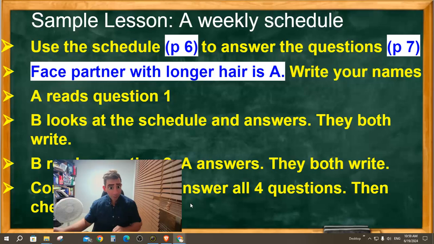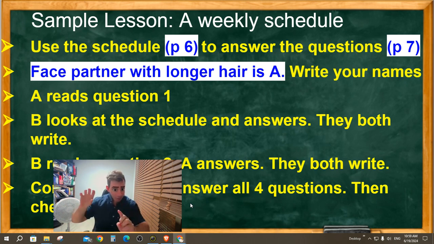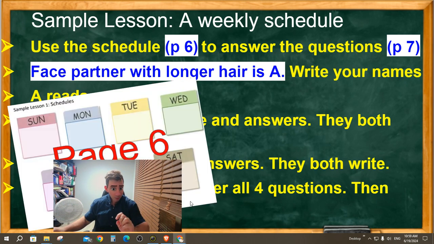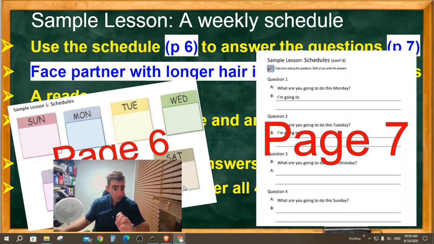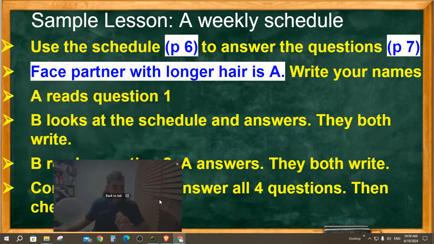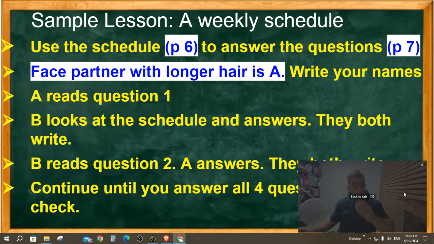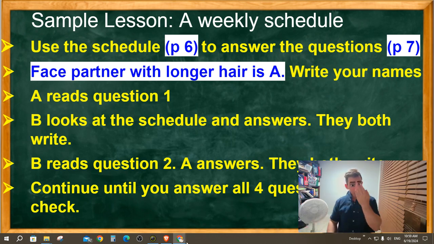Ding, time's up. Now, use that schedule on page 6. That schedule is going to help you to answer the questions on page 7. Now, the partner with the longer hair is student A. Write your names.